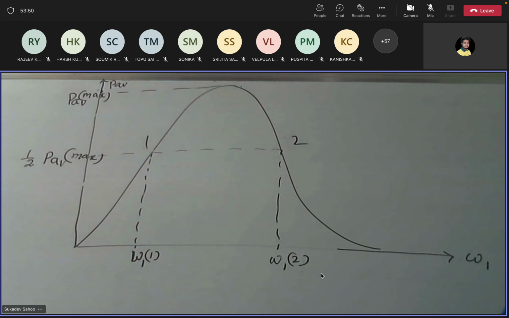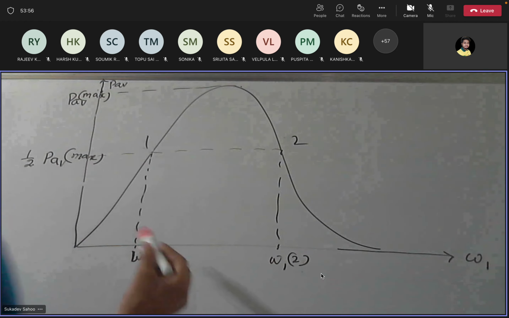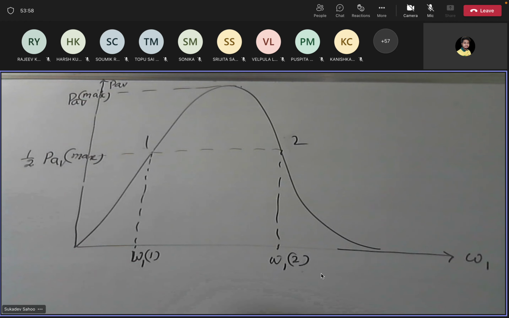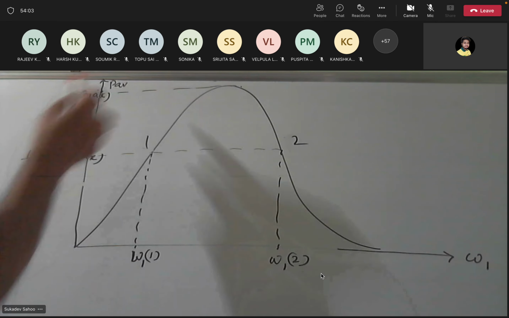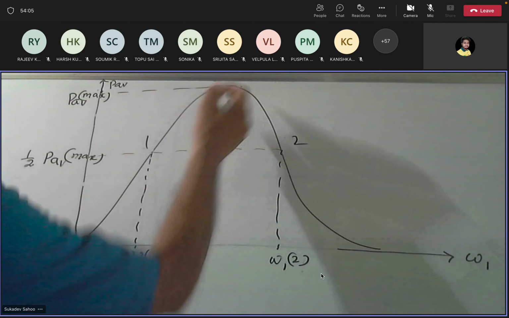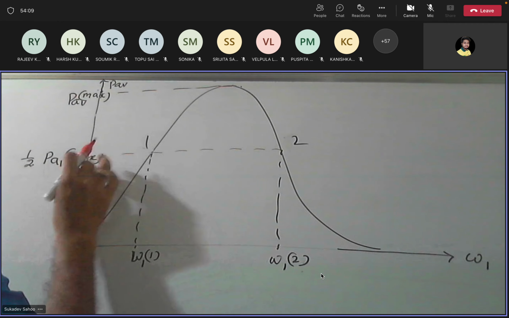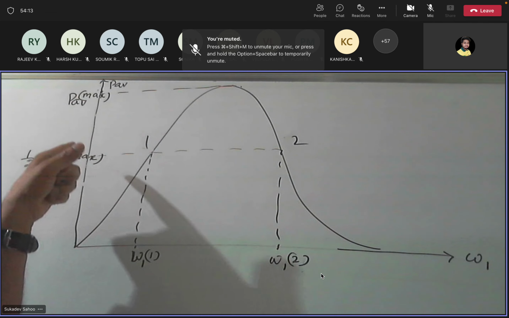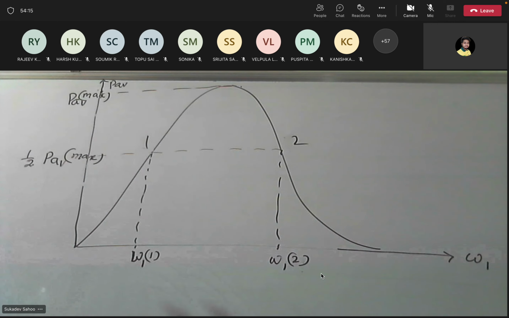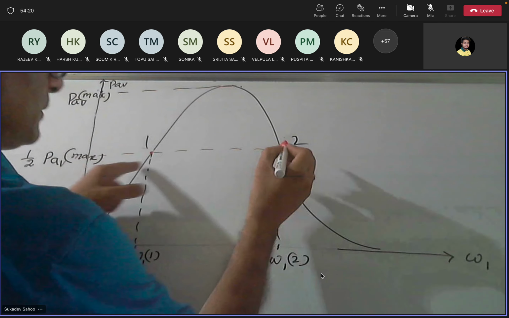Again, look at the figure. In the figure, it is drawn the average power versus the frequency of external periodic force, P average versus omega 1. You see, this is the maximum value of the power at resonance. We have shown this is half of the maximum average power of the oscillator, and corresponding points we have taken.